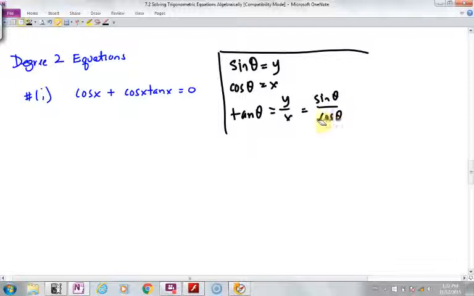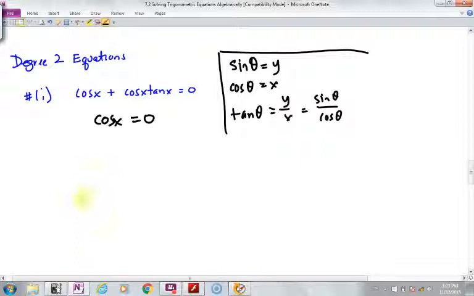And if it has something in the denominator, what does that introduce into my equation? What can we never have in the denominator? We can never have 0 in the denominator. That's a non-permissible value. So if I have an equation that has tan x in it, I need to recognize the non-permissible values. And the non-permissible values are anywhere that cos x equals 0.